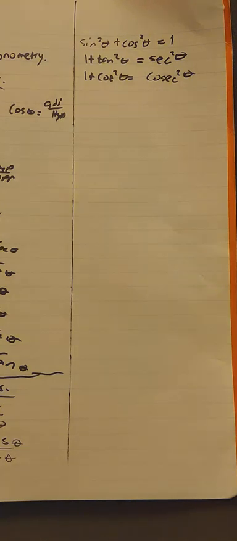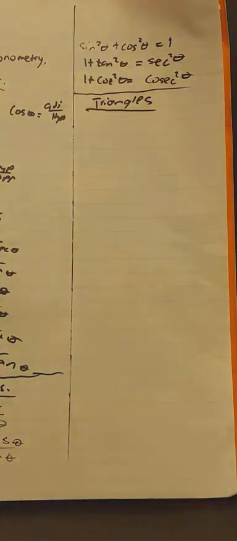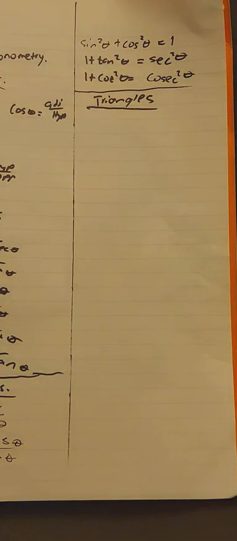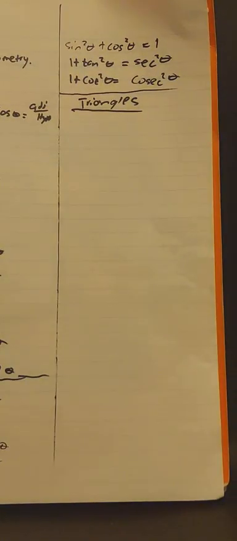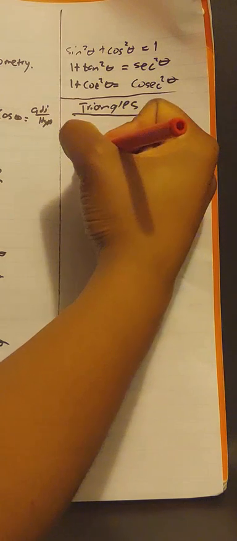And then we are done with the identities, then we go into triangles. Go into the right angles. Okay, guys, talking about the triangles, we have triangle 1 here.